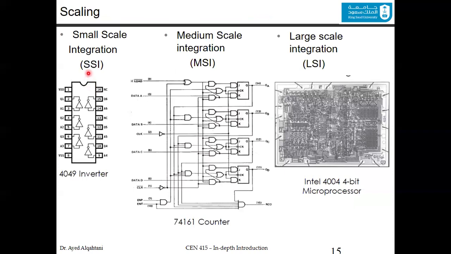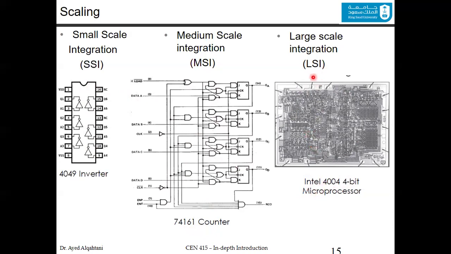As we said before, we have scaling. This is an example of small scale integration. This is the inverter, the 4049, and there are many versions, but it has only 6 inverters, so it's basically small. For the MSI, for example, here we have a counter. This is the 74161. And for large scale integration, this is one of the old processors, the Intel 4004, which is a 4-bit microprocessor. This is the LSI.